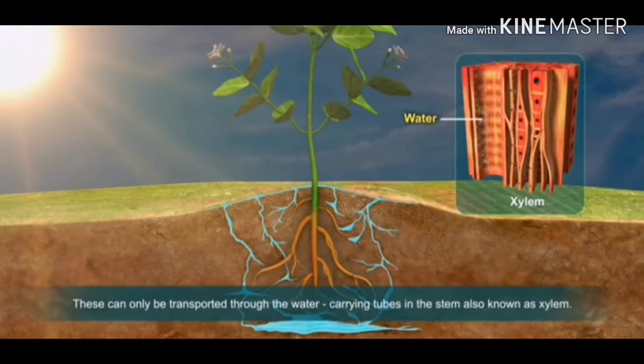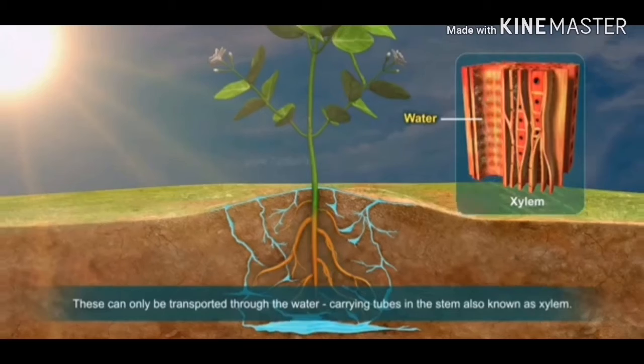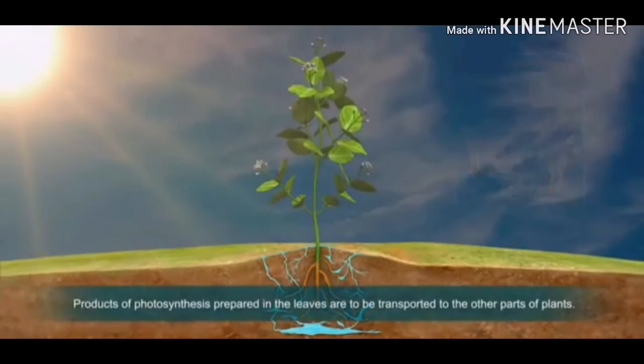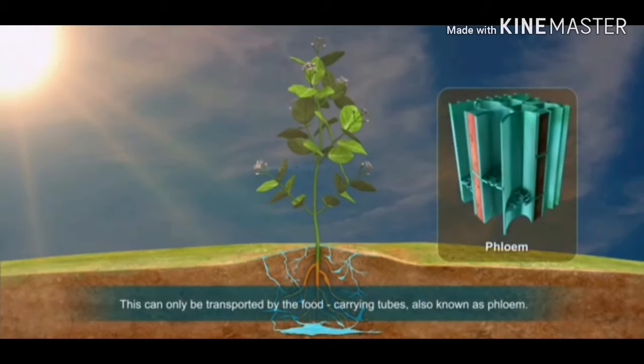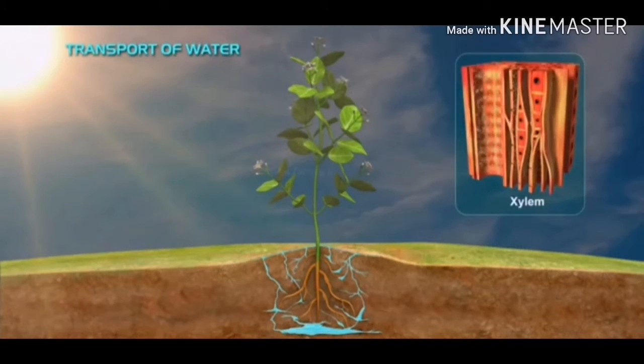This can only be transported through the water-carrying tubes in the stem, also known as xylem. Products of photosynthesis prepared in the leaves are to be transported to the other parts of the plants. This can only be transported by the food-carrying tubes, also known as phloem.